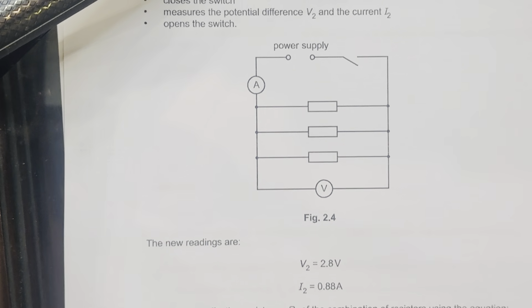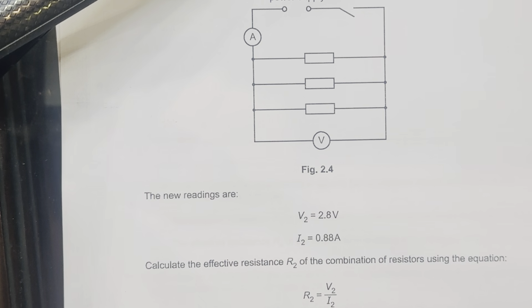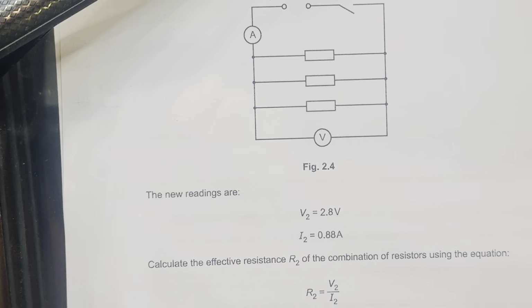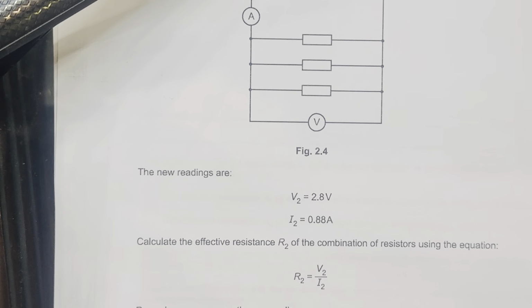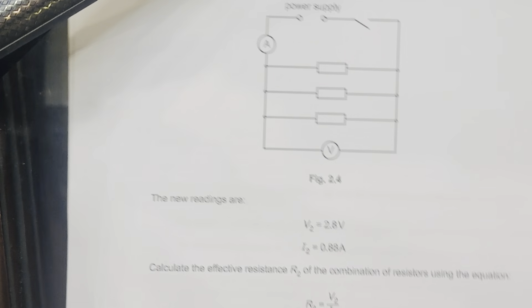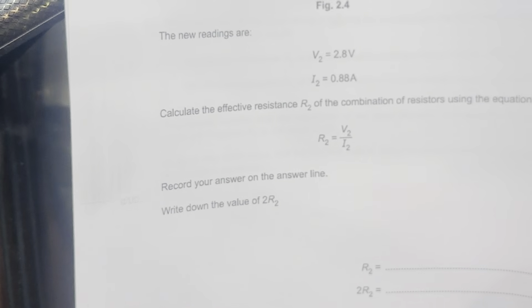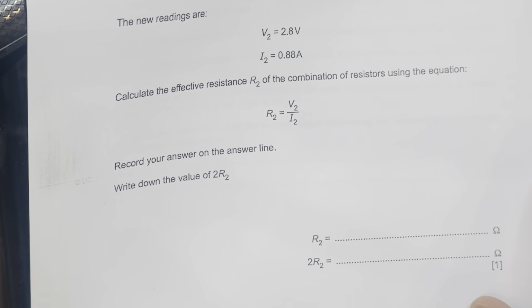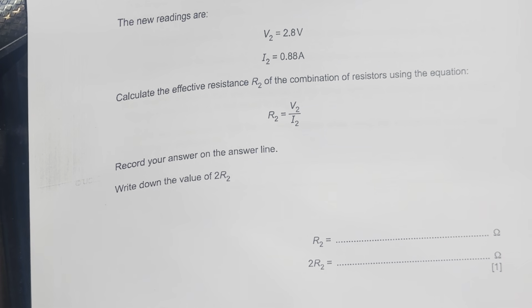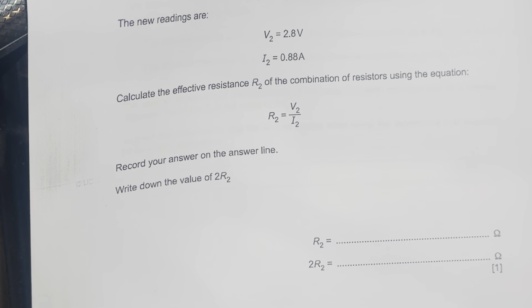The new readings are V2 equal to 2.8 volt, I2 equal to 0.88 ampere. Calculate the effective resistance R2 of the combination of the resistors using the equation R2 is equal to V2 over I2. Record your answer on the answer line. Write down the value of R2.